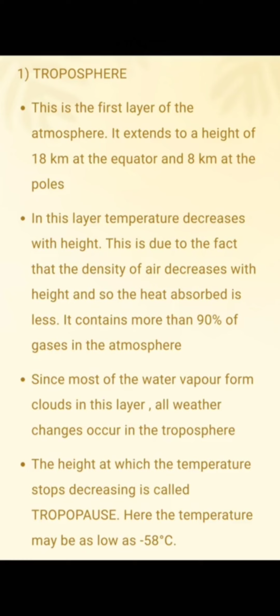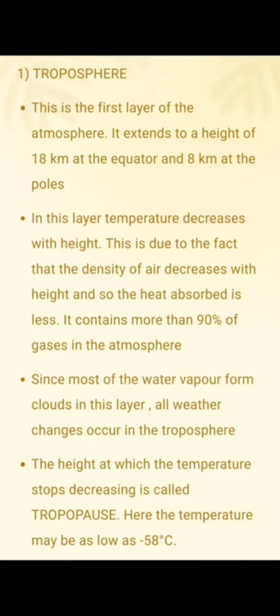The first one is the troposphere. This is the first layer of the atmosphere. It extends to a height of 18 km at the equator and 8 km at the poles. In this layer, temperature decreases with height.